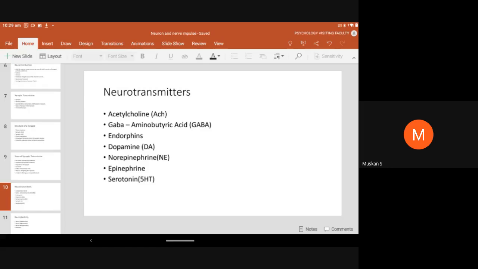That means it involves regulating the mood of a person, maybe the emotions, that means the negative or the positive emotions. Then it may control sleep as well as appetite. So all of these are conducted by this specifically dopamine neurotransmitter.